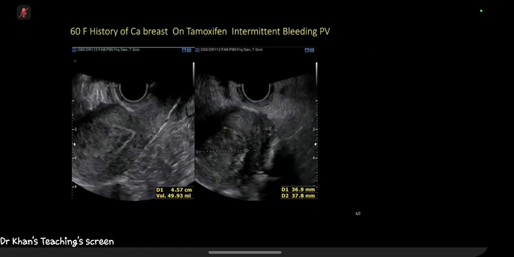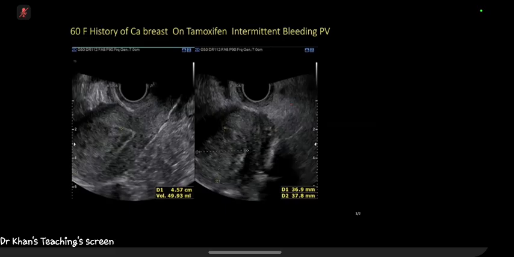Okay, so on these selected transvaginal ultrasound images for a 60-year-old patient on tamoxifen, I think there is a large rounded heterogeneous lesion, which I believe is within the endometrial cavity.